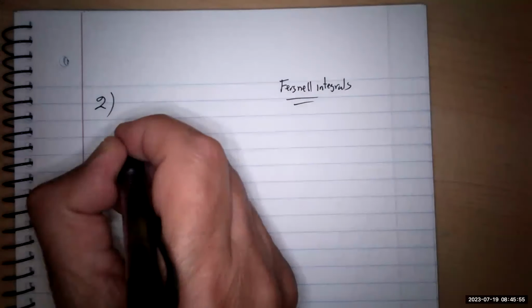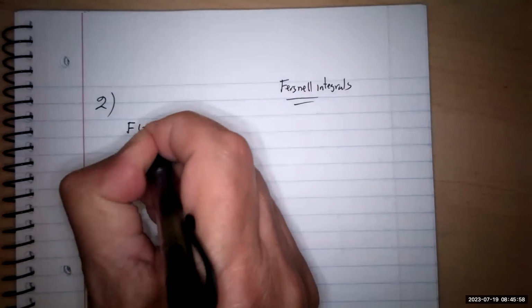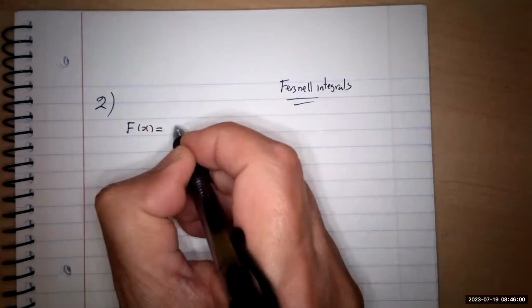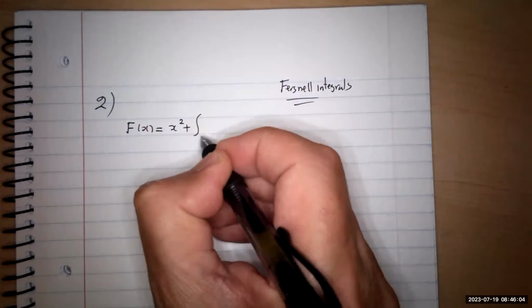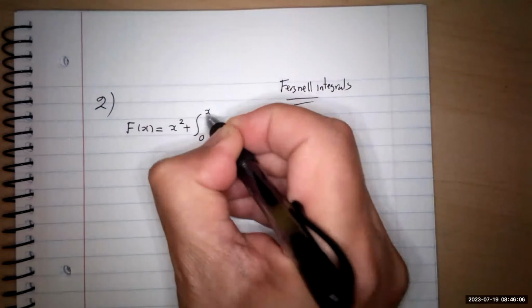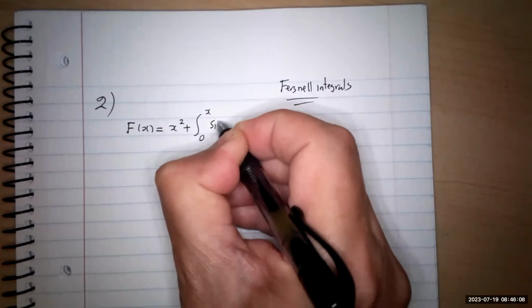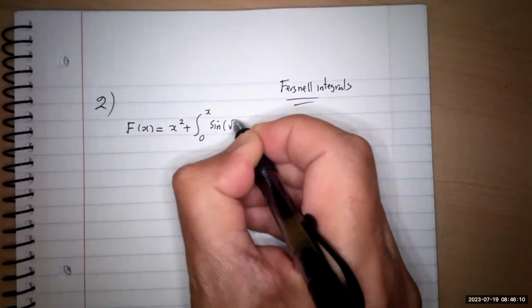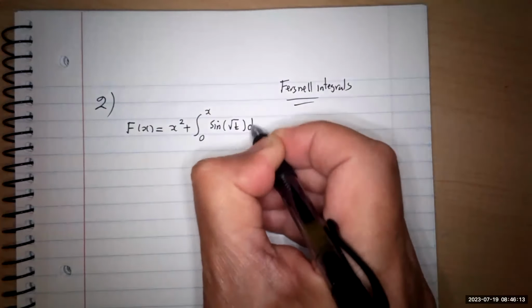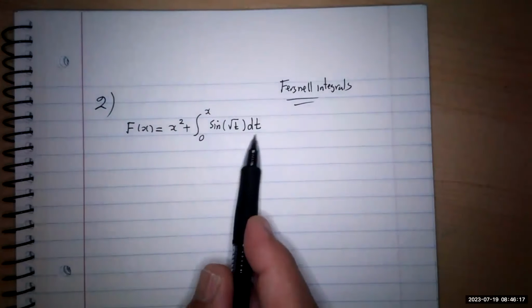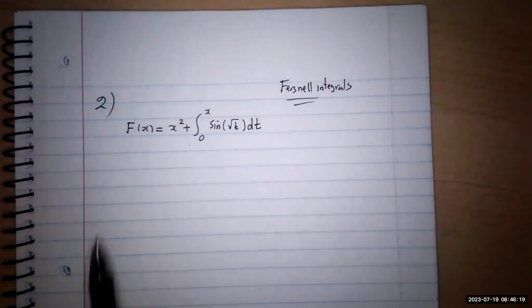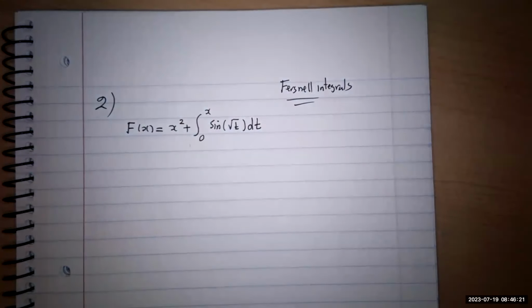So our example is this one: f of x equals x squared plus the integral from 0 to x of sine of radical t dt. You see, this part is the Fresnel integral, but something else is added so that you know that when using it in science, you may have something extra.